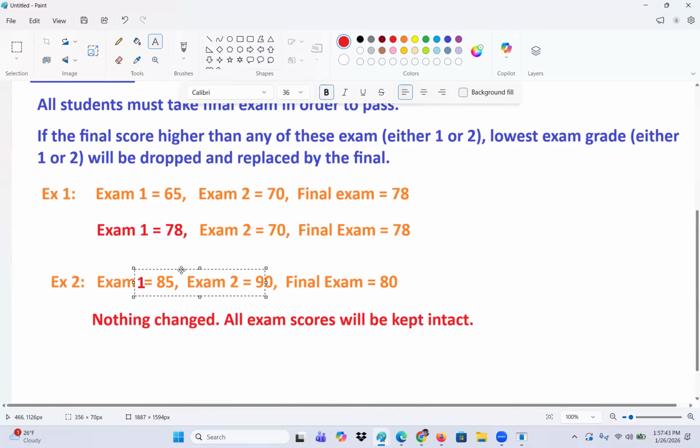For example, you got 92 and you have a little mistake that you made on the exam, and then you ask if you can do the exam correction or not, I would say yes, you can always do the exam correction, but the number of points that you lose will be 8, and then you can only get like 2 points back.